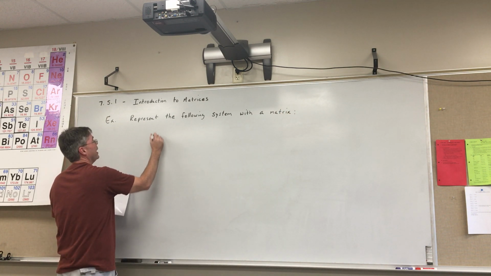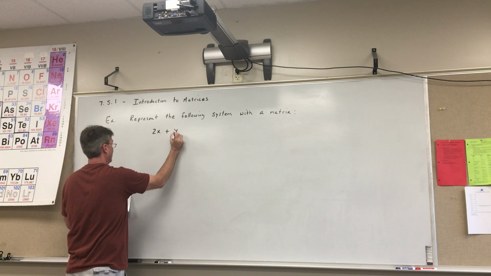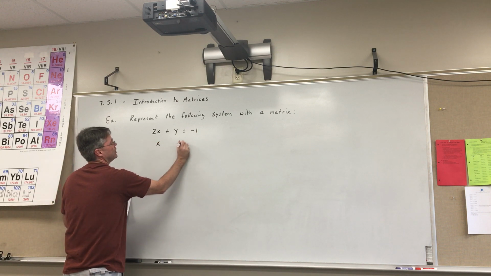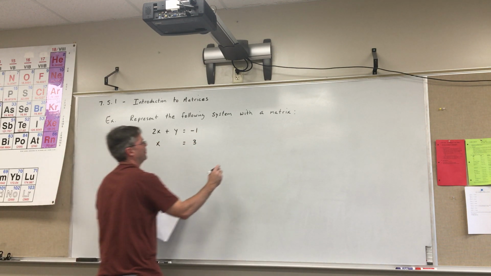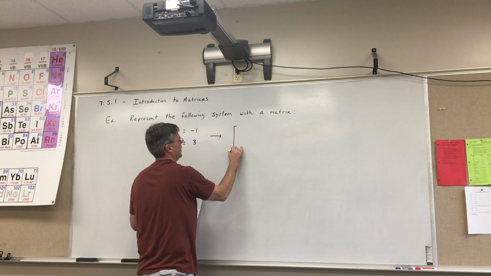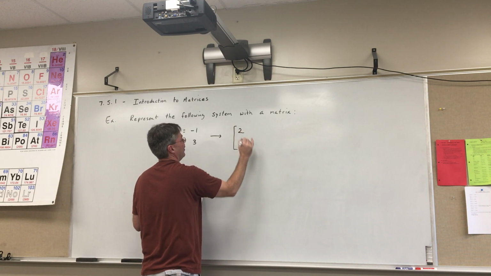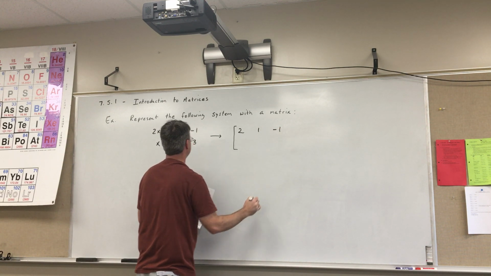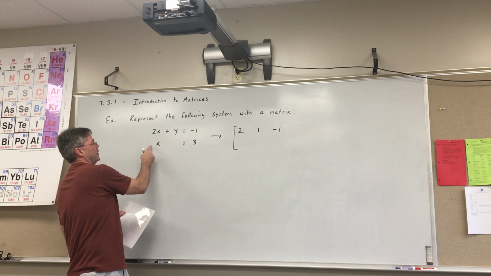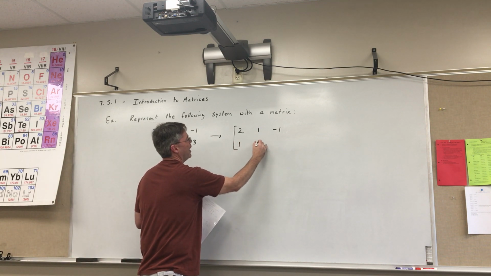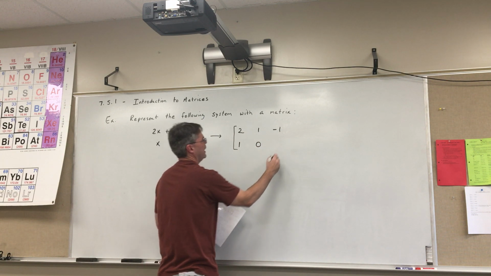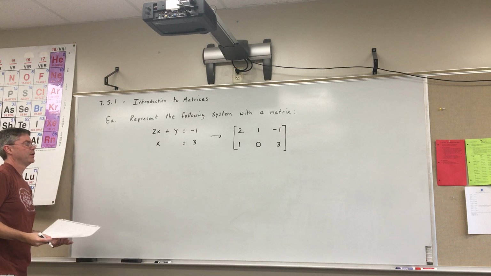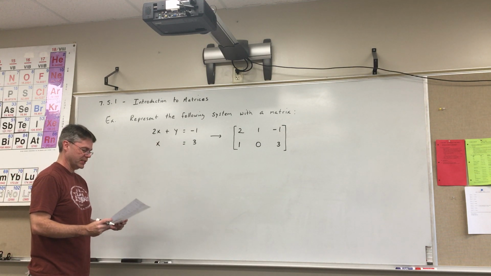Let's say we have 2x plus y is equal to negative 1, and then just x is equal to 3, no y term. We would represent that with our first row as a 2, a 1 for the y, and a negative 1 for the constant. Then the coefficient in front of x is 1. There's no y value, so we put a 0 there, and the constant is 3. So that's how you deal with it when no variable exists in a particular equation of the system.